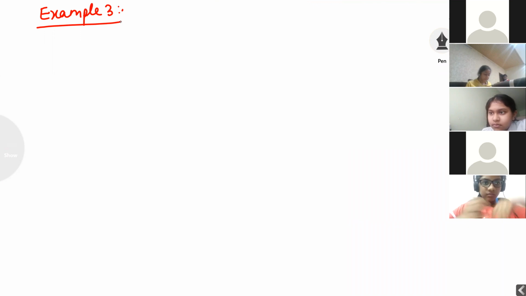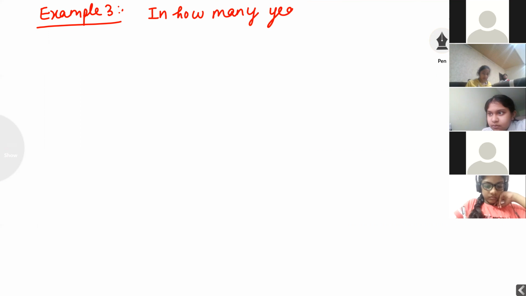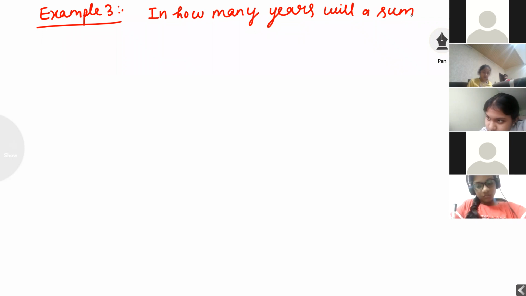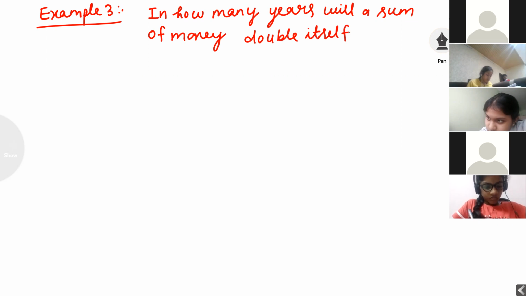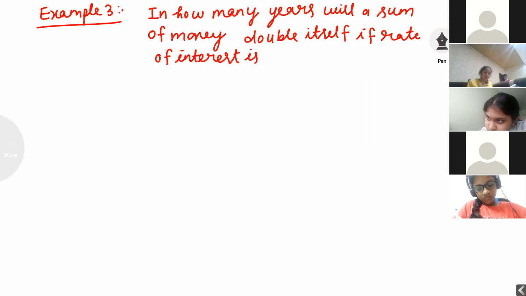In how many years will a sum of money double itself if rate of interest is 5%?